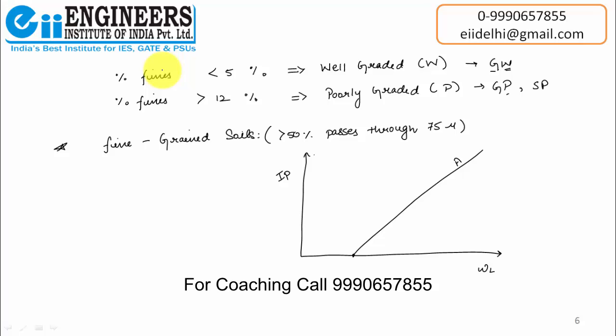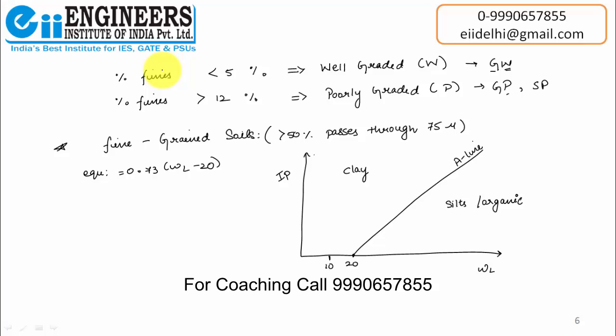This is the A line, and the equation of the A line is 0.73 (WL minus 20). Any soil lying above this A line is clay, and any soil lying below it is silts or organic soils.